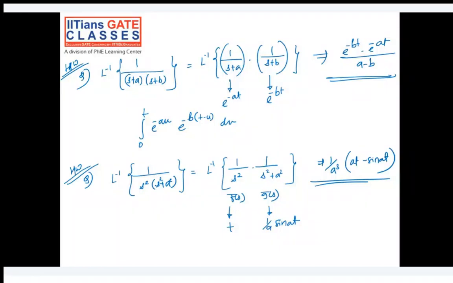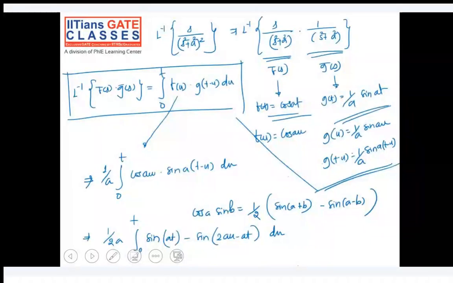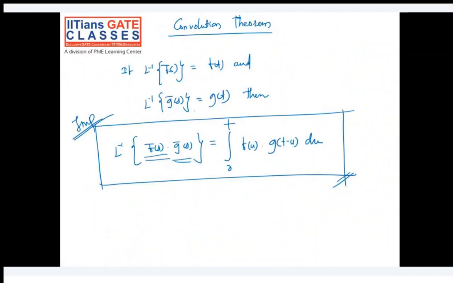And what is the convolution theorem? Convolution theorem says that inverse Laplace of f bar of s into g bar of s is equal to integration 0 to t f of u into g of (t minus u) du. Okay, this is what about the Laplace transform and inverse Laplace transform.